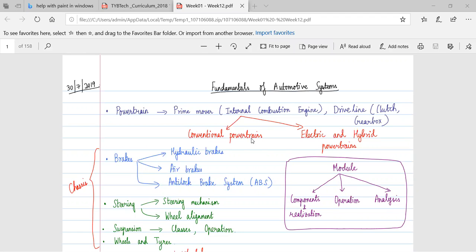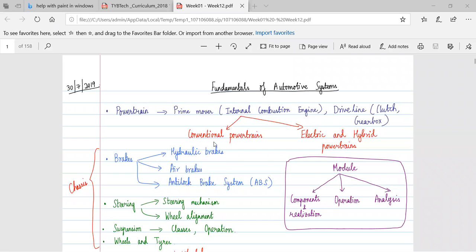Now, there are different segments of car, according to the engine installed inside. We are talking about four wheelers, so we'll take the example of a car. Am I audible? Yes, sir.